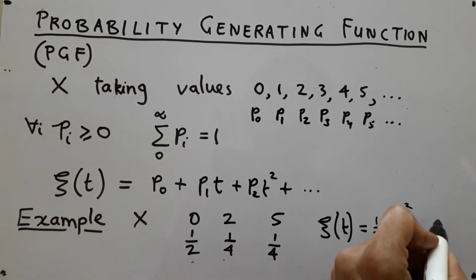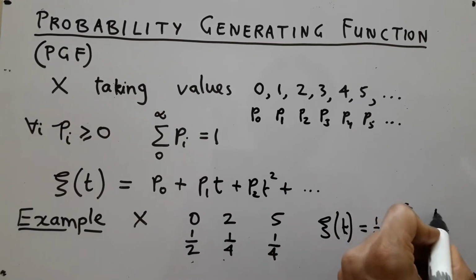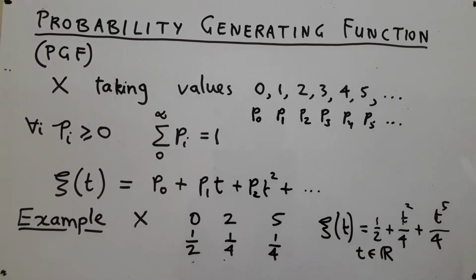The fifth term, again it is 1/4, but now it is t to the power 5, and that's it. Now since it's a finite sum, this always makes sense for all real values of t. So here I will say that the PGF is defined for all t in R. So that was a very simple example where x takes only finitely many values.